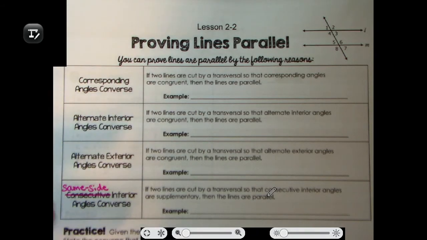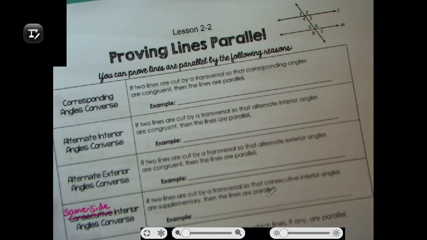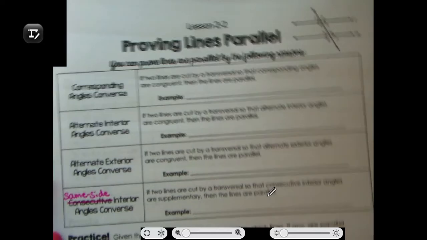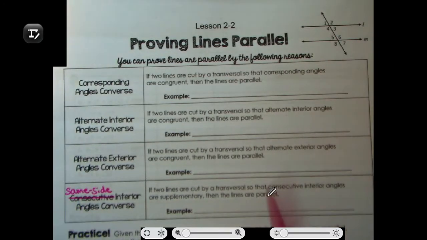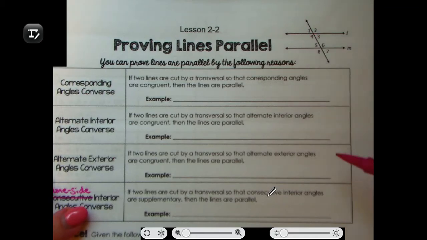So we can look at examples of those. Let's say we have these two congruent angles. Let's look at some corresponding angles, 1 and 5. So 1 and 5 are corresponding angles.